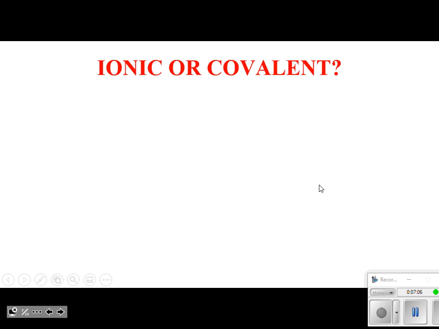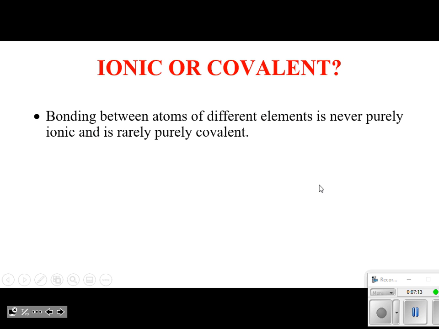Now, how do we determine whether the bonding is ionic or covalent? We never have purely ionic bonding, and very rarely do we have purely covalent bonding. We do have purely covalent bonding, usually when something bonds to itself.